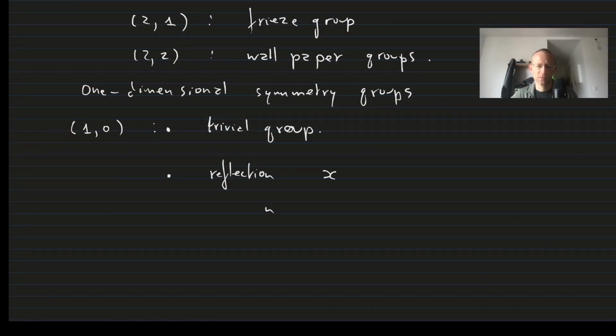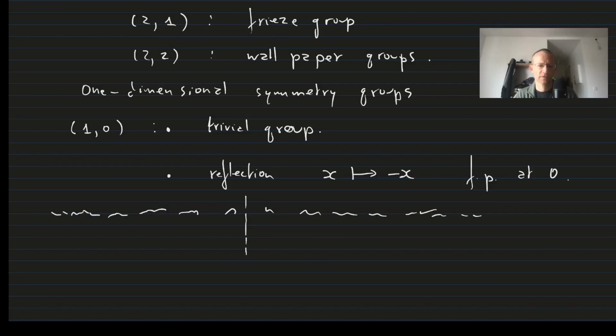So this would correspond to x goes to minus x with a fixed point in this particular coordinate system at 0. So this would be if we have a random pattern on one side, and then we have its reflection on the other side. Well, I can't draw this properly, but you see what I mean. This is when we have just a reflection symmetry.